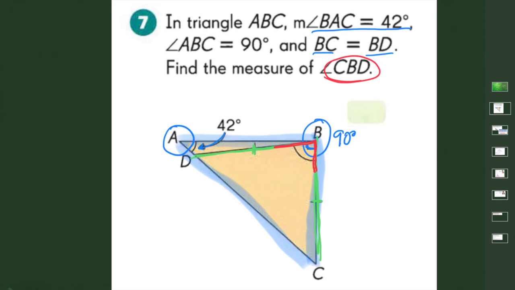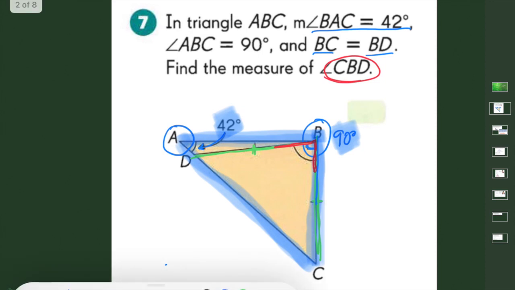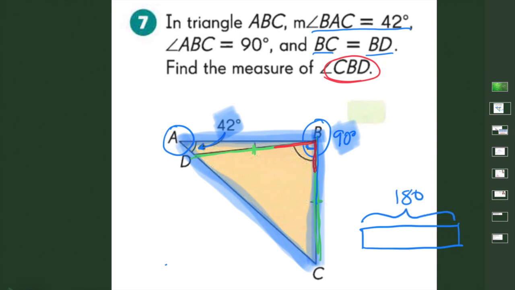All right, so to solve this, let's start with looking at the larger triangle. The reason I want to look at that larger triangle, triangle ABC, highlighted in blue, is because I have two of the angle measures in that bigger triangle. I know that this measure is 42 degrees, and I know that angle B in the big triangle is 90 degrees. And I know that the total measure of the three angles has to be 180 degrees.